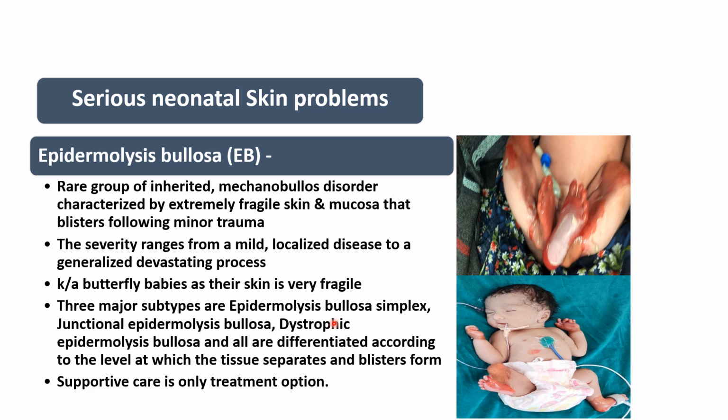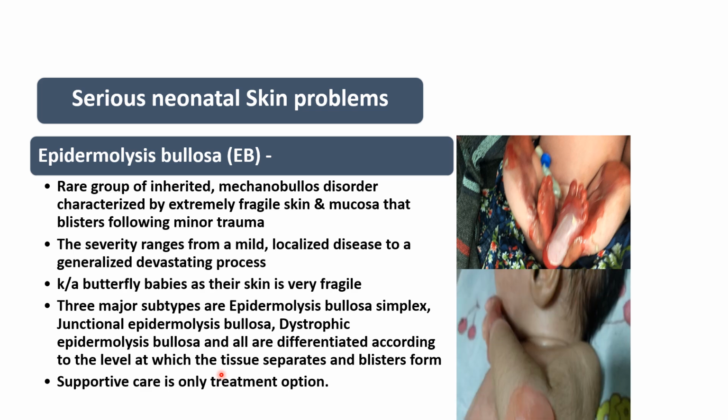I have already uploaded a video on a junctional epidermolysis bullosa case, and I have already published a case report on this condition. Supportive care is the only treatment option for this, and prognosis is not good in this condition.